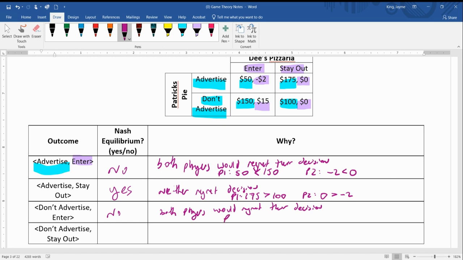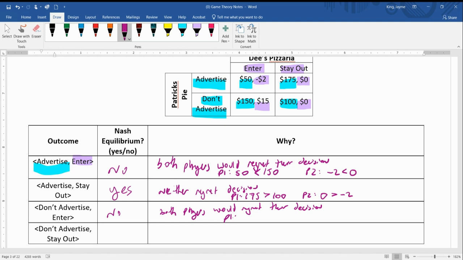Okay, so both players would regret their decision, right? And specifically, player one regrets it because they would have gotten, hang on a second. I did that wrong, didn't I? They wouldn't both regret their decision, only player two would. What am I talking about? Player one, if they'd changed their mind, would have only ended up with $50, which is less. Player one's happy. All right, hang on.